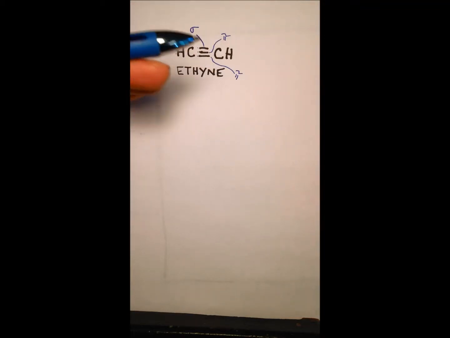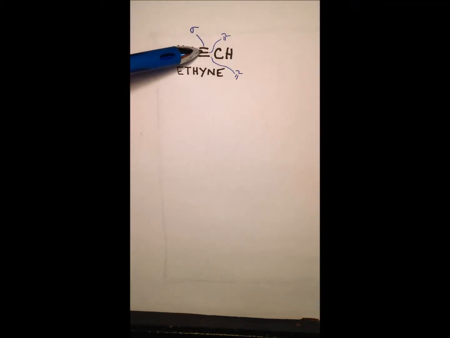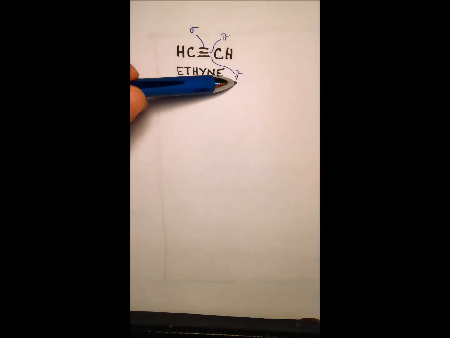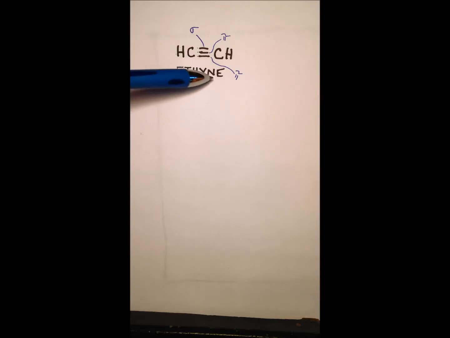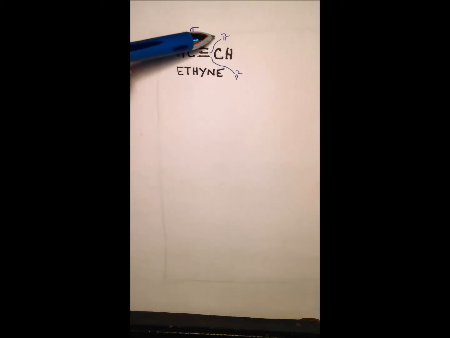So if we've watched our videos in order, we know that the sigma bond is going to be the direct overlap between my 2 hybrid orbitals. One of the pi's will be an indirect overlap of a 2p and a 2p, so for example 2py and a 2py, and then the last pi will be an indirect overlap of the other 2 available p orbitals, which would have to be a 2pz and a 2pz.